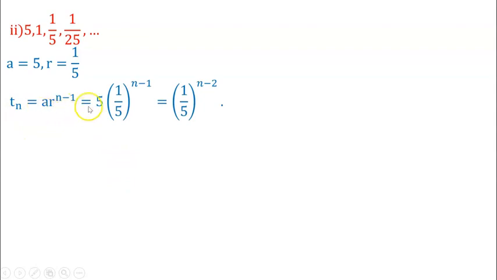First term is 5 into (1 by 5) raised to n minus 1. Now if we take this 5 to the denominator, then you will get 1 upon 5 raised to minus 1, into (1 upon 5) raised to n minus 1. And after their product, you will get (1 upon 5) raised to n minus 2.